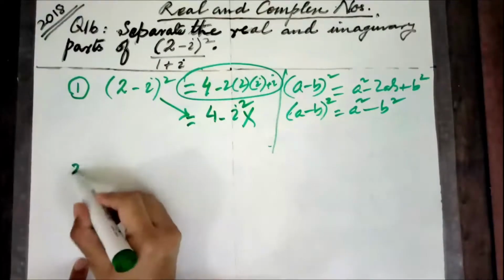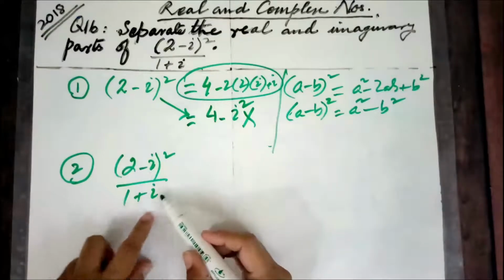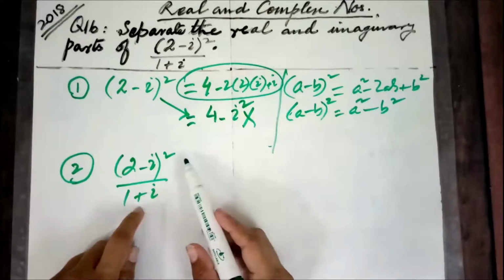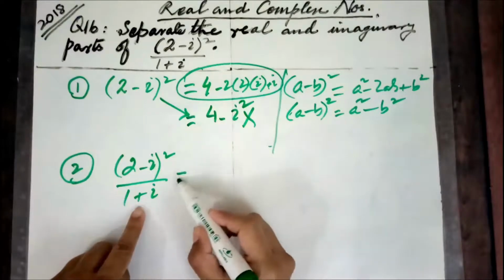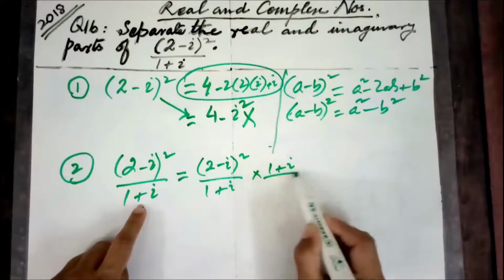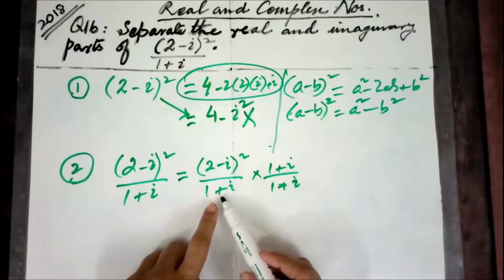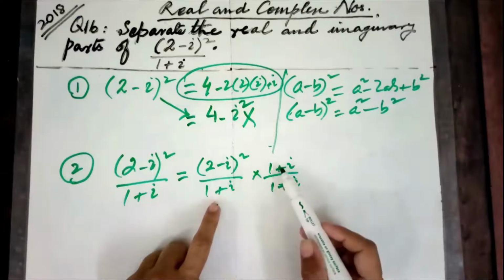The next common mistake is that when they multiply by the conjugate, they take the conjugate as 1 plus iota, multiplying 1 plus iota upon 1 plus iota, instead of 1 minus iota. The conjugate of 1 plus iota will be 1 minus iota.